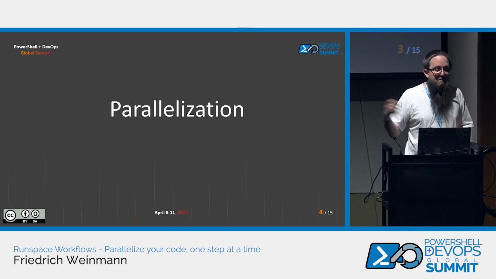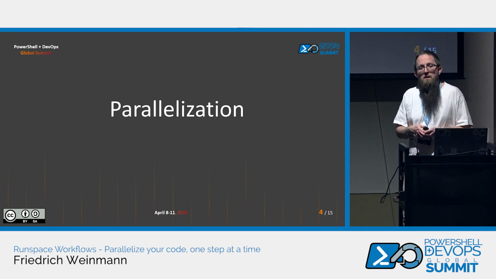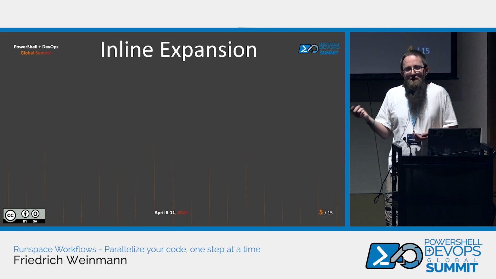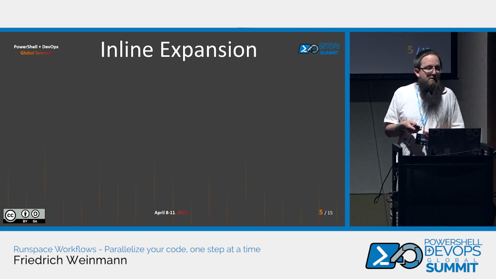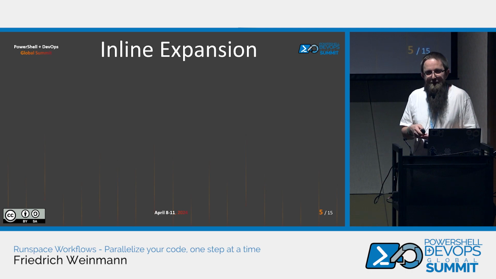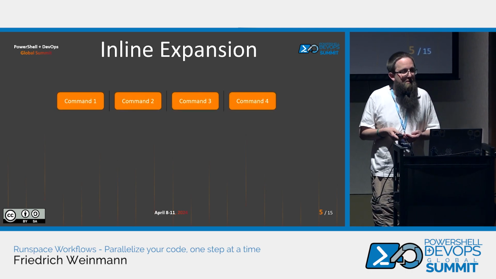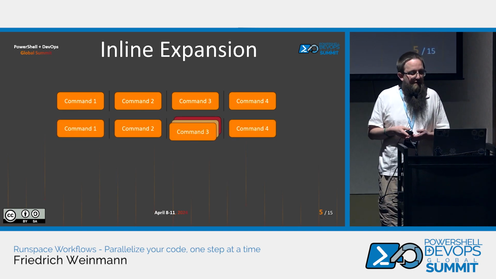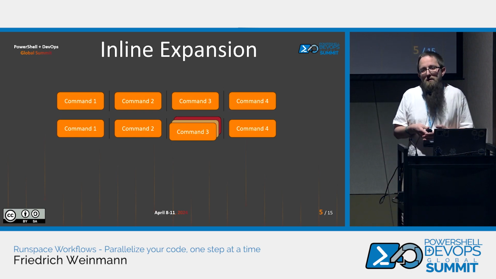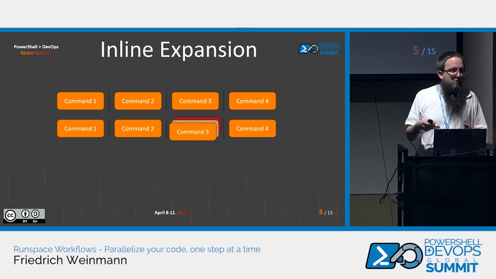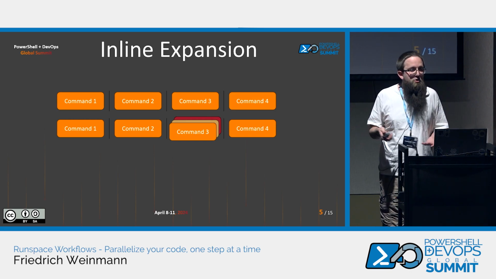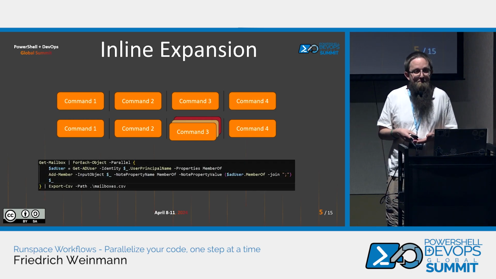All right, parallelization. What are the usual patterns that we're seeing? One of the greatest and simplest ones is inline expansion. Let's say I have a set of commands I pipe from one to the other. If I now want to parallelize one of those steps, that is fairly simple since PowerShell 7, because this is more or less the domain of ForEach-Object -Parallel.